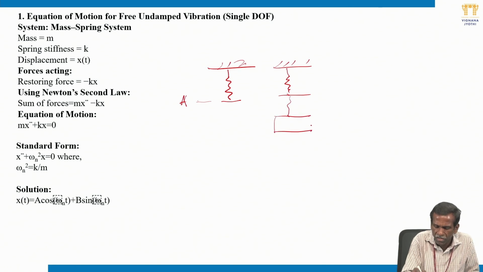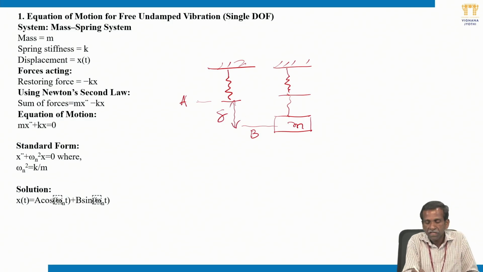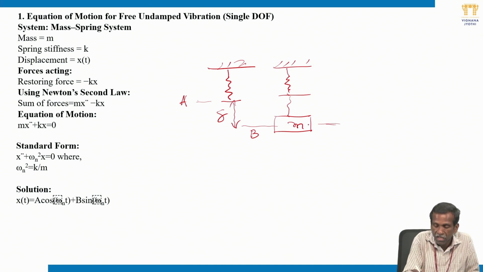The spring elongates along its axis, in the longitudinal direction, to some position. The change in position because of the attached mass is some delta, let us say. Then it maintains equilibrium, with no motion. Once you attach the mass, it comes under equilibrium, the static position. This is called static deflection.